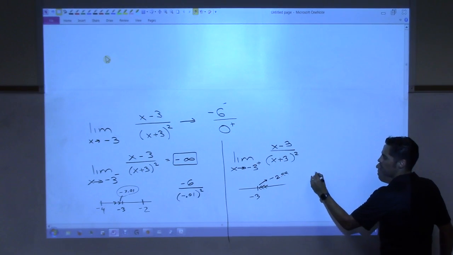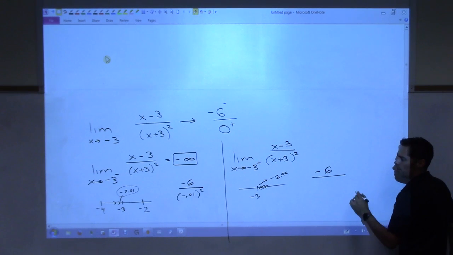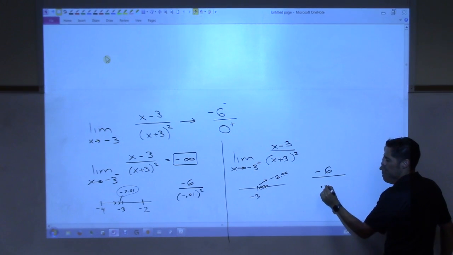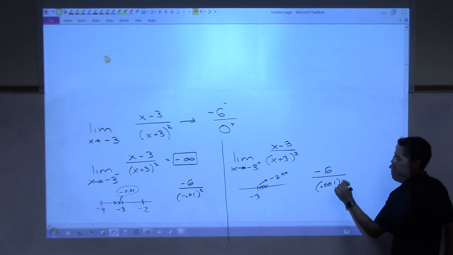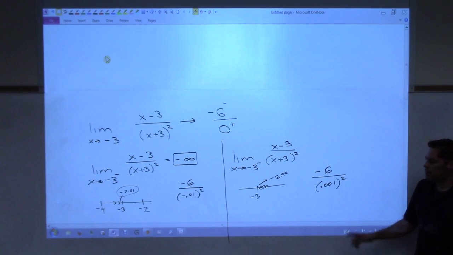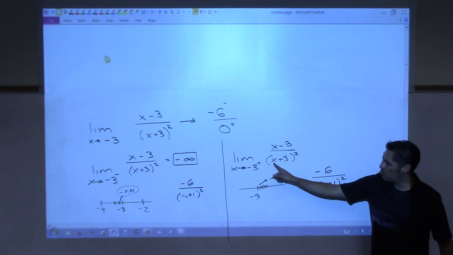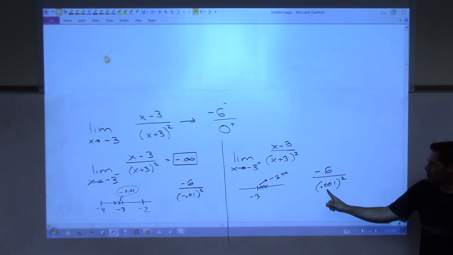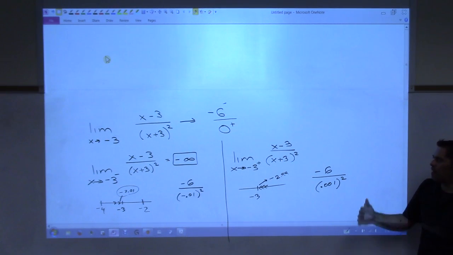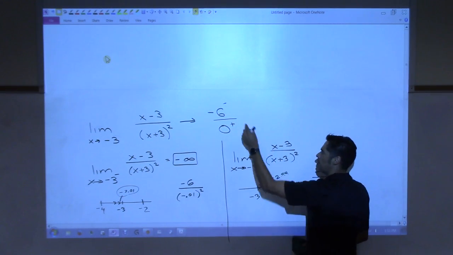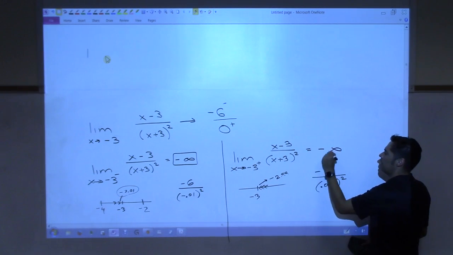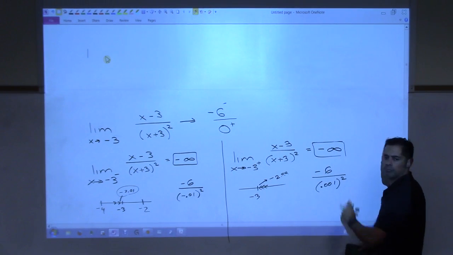You plug that in. I know the top's going to negative 6. The bottom is going to, this time, 0.001 squared. When I plug in negative 2.99 here, I get that. And squared, who cares? It's positive now, so same thing. Negative infinity. Any questions?